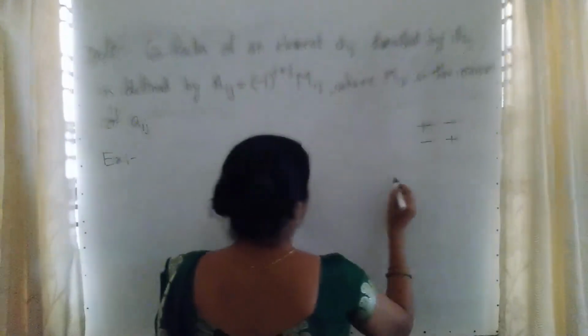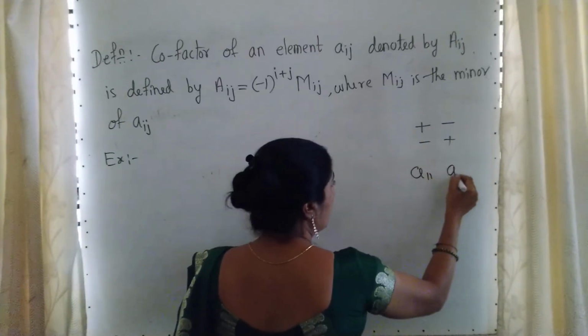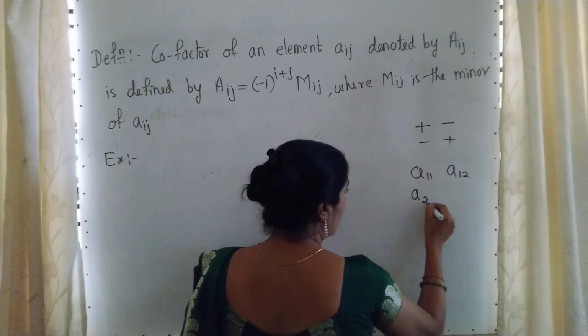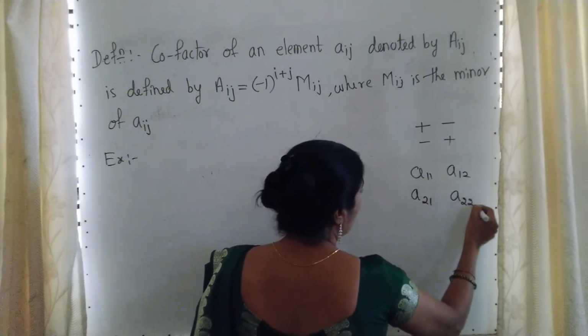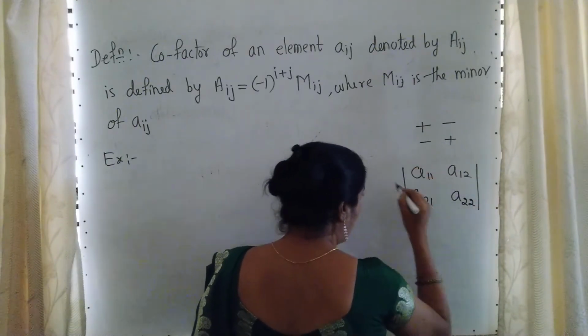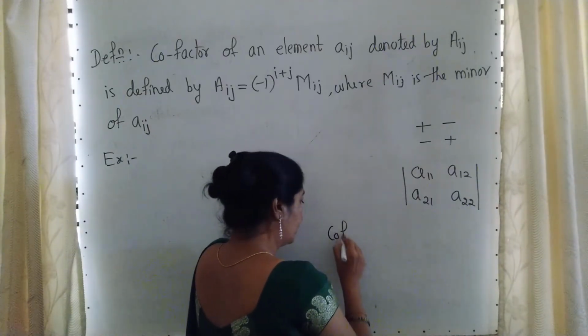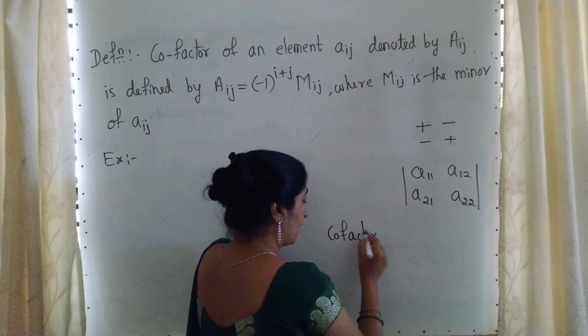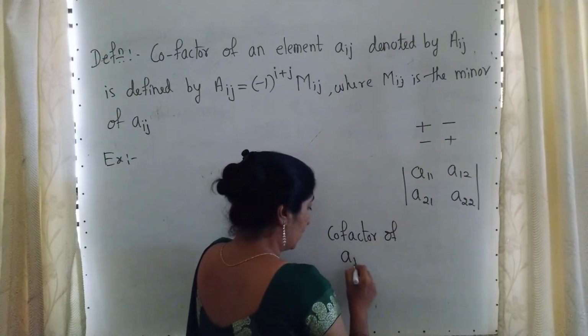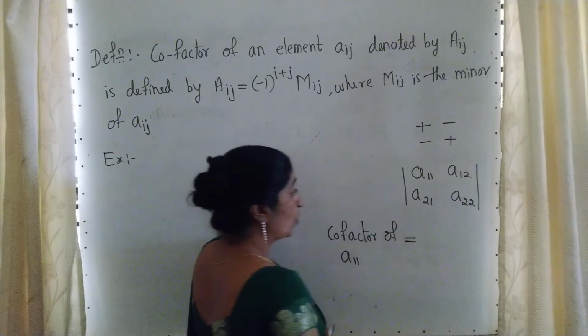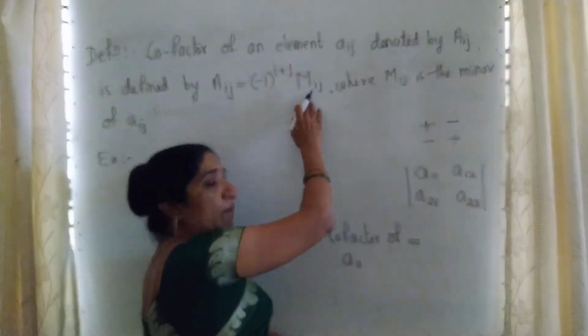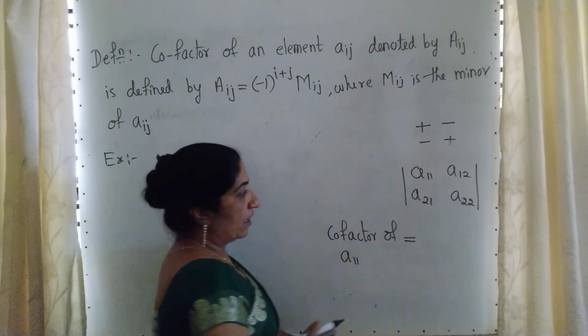So for the first one, it is A11, A12, A21, A22. Suppose it is a determinant of order 2, and if you want to write the cofactor of A11, you have to write a minor, of course, that you are familiar with.